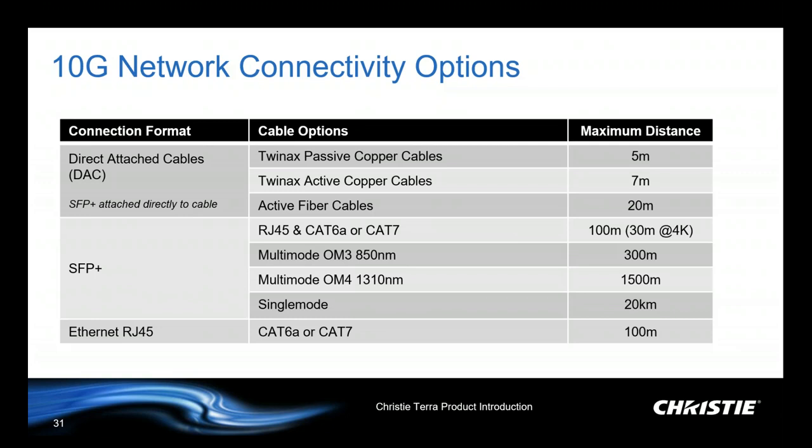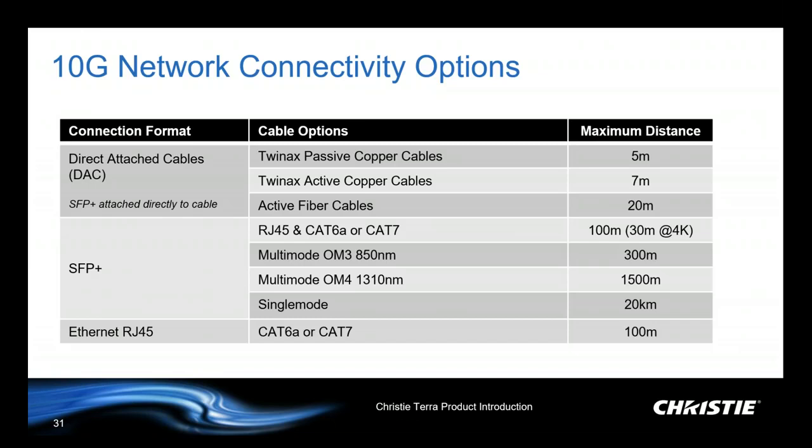SFP plus comes in different types: with RJ45 connector, multimode OM3 or OM4, or single mode. Depending on what you want to do, you can have more or less distance. With SFP plus on RJ45, you can get up to 100 meters in theory, but if you're actually running 4K 60, you're probably limited to about 30 meters of Cat 6 or better.